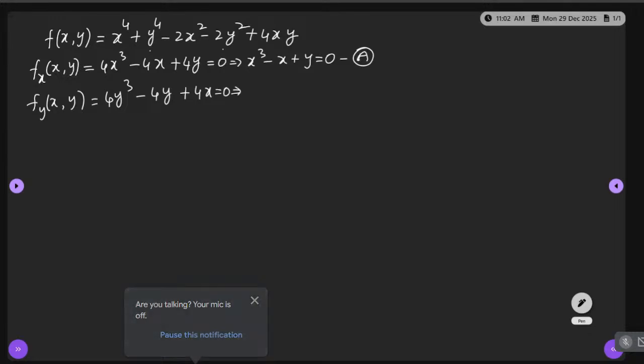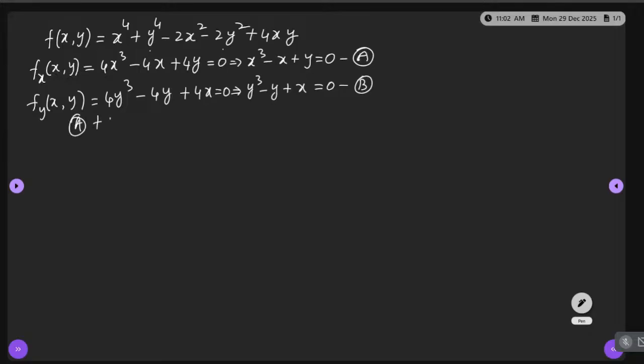This implies y cube minus y plus x equals 0. A plus B implies what? X cube plus y cube equals 0.